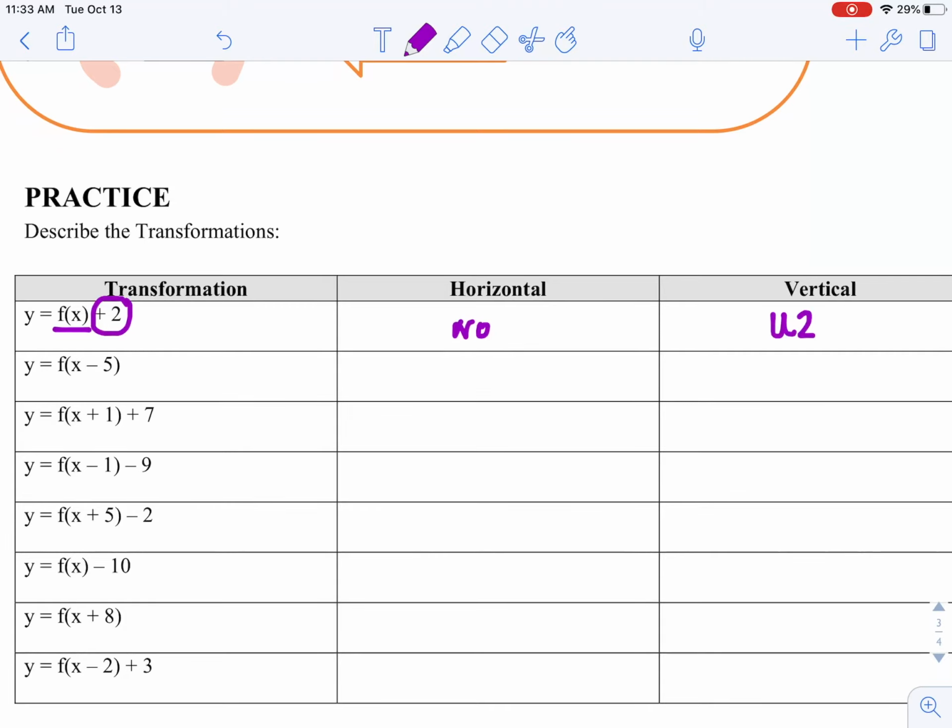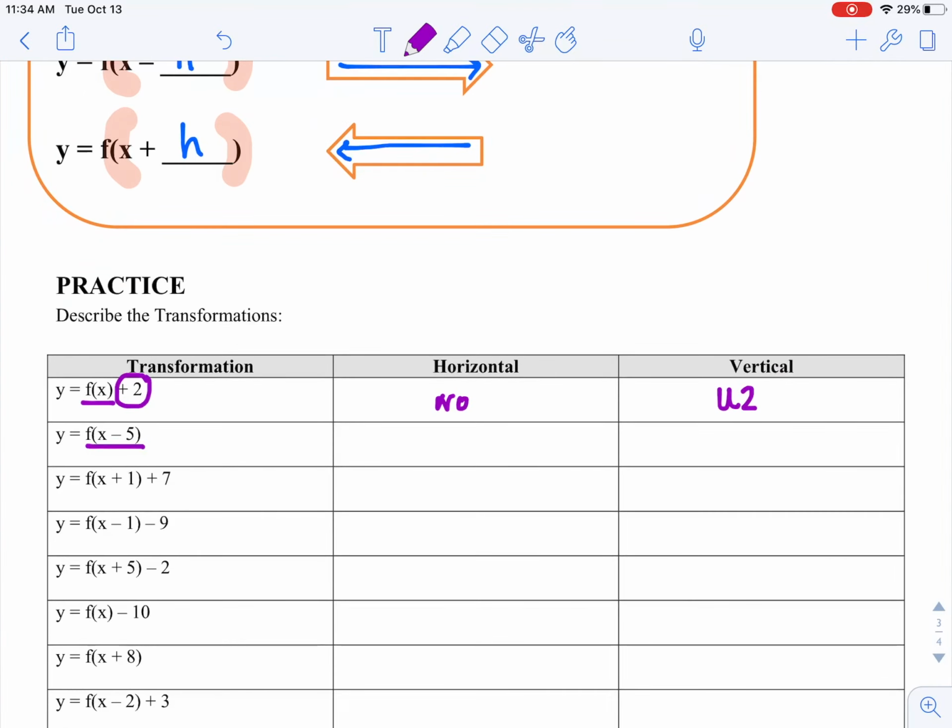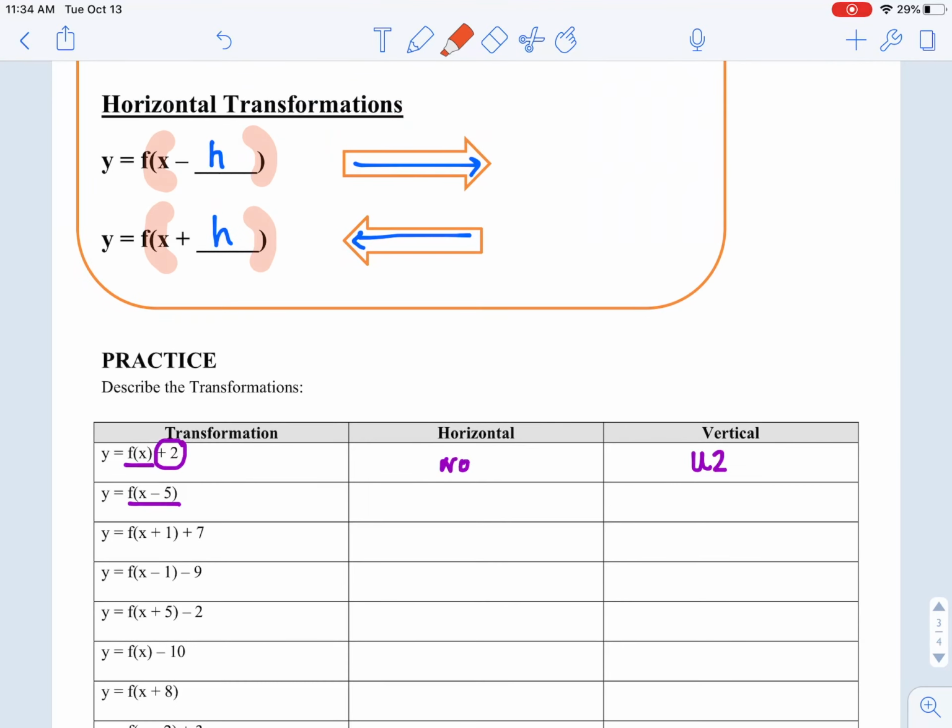Next example. I am looking at what's in the parentheses, which is horizontal. I have minus 5. So you can always go back to this chart and reference, right? You have minus 5 here. So that means I'm going to go to the right 5 units. And I have nothing after, so that means I have no vertical movement.